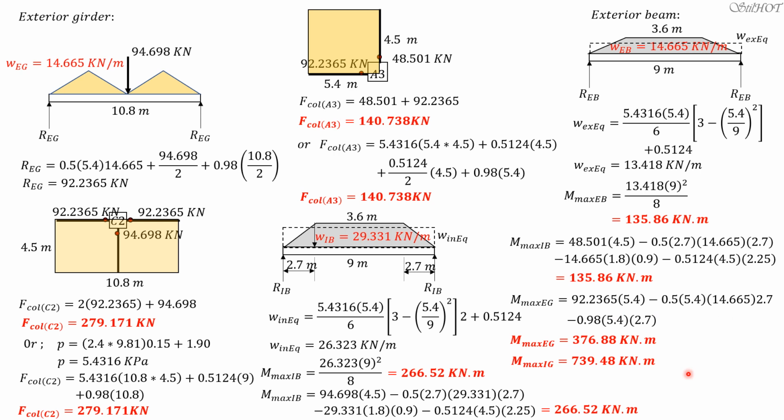So the procedure is the same, the moment arm is the same, except that you change this value here. And of course, the reaction at the end of the interior girder is different, it's not 92.2365. So the maximum moment in the interior girder is 739.48 kilonewton meter.